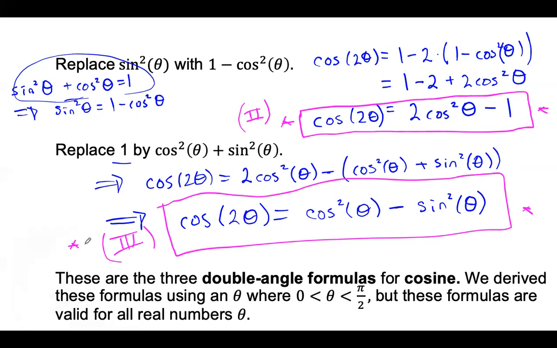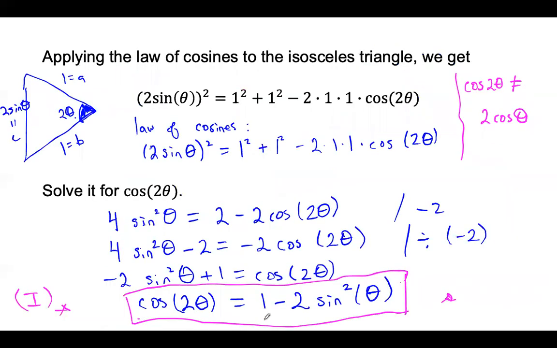We just derived them. We derived these formulas where theta is between 0 and 90 degrees, but these formulas are also valid for all real numbers theta, so for any number. So we have 1, 2, and 3.